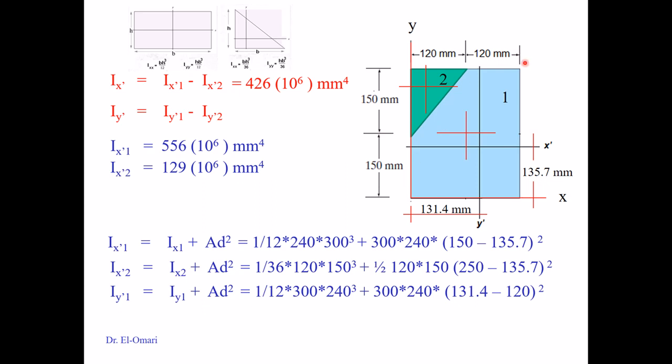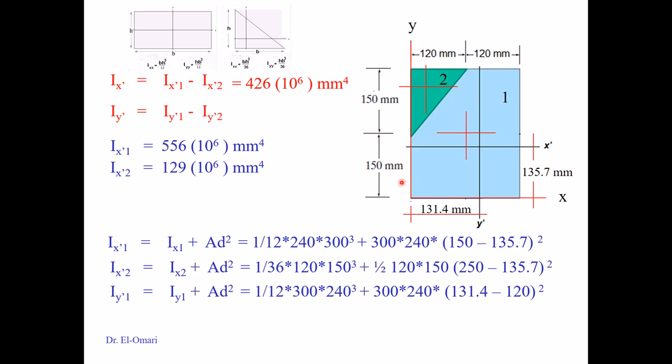In that case, in a rectangular shape, we have to cube the 240 multiplied by the 300, and then this is the area times the distance between its own centroidal y-axis and the y-axis of the whole cross section, which is this small distance.